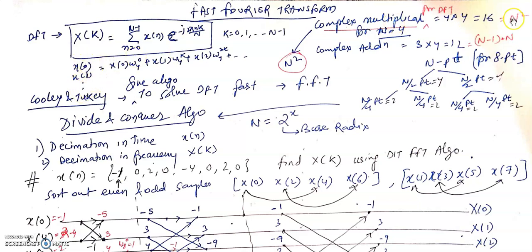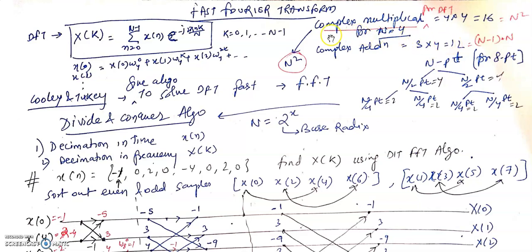So 4 into 4, 16. So for any N-point DFT, the complex multiplications will be N squared. And similarly for addition you can easily see it. If x3 is there, then 3 additions will be there: 1, 2, 3. So for a 4-point DFT, 4 times 3 additions, so 4 into 3, 12.